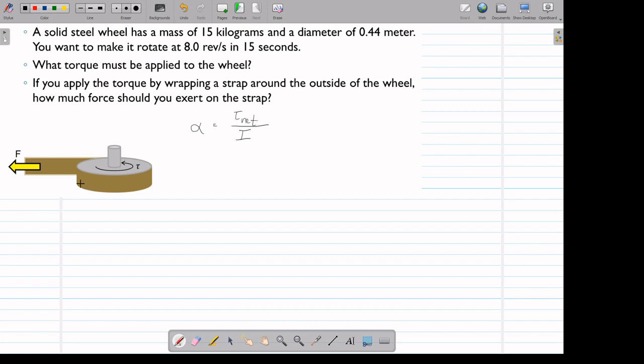The moment of inertia for a solid wheel, you can find that from our cheat sheet, is given by I is equal to 1/2 mass times radius squared.